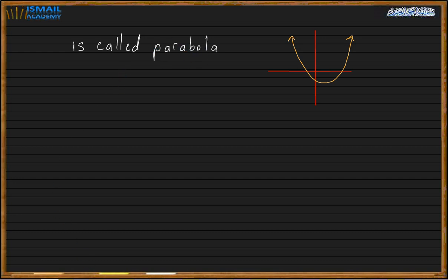The second note I want you to know is about the discriminant of the quadratic function. If you know the discriminant and you know the leading coefficient of the quadratic function, those two can give you all the information you need to know about the quadratic graph or the parabola.